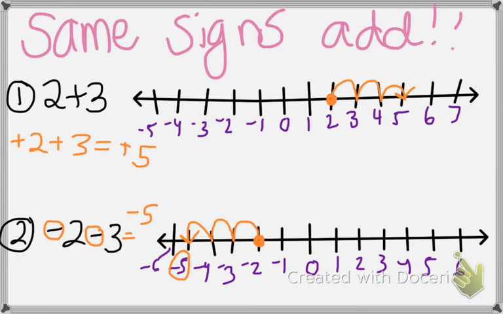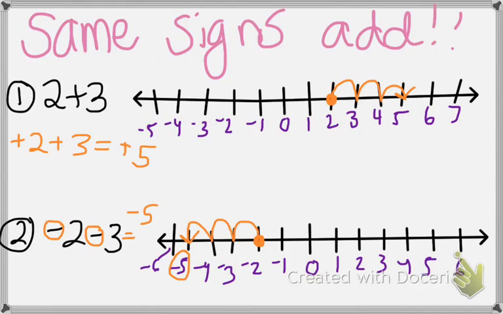Now, the reason why it says same signs add is because you might not be able to use a number line if the numbers are really big. So, for example, say you had negative 20 minus 15. Well, we know that by looking at this example that we're going to the left. We're staying in negative land. There's no way that we're going to be in the positives.